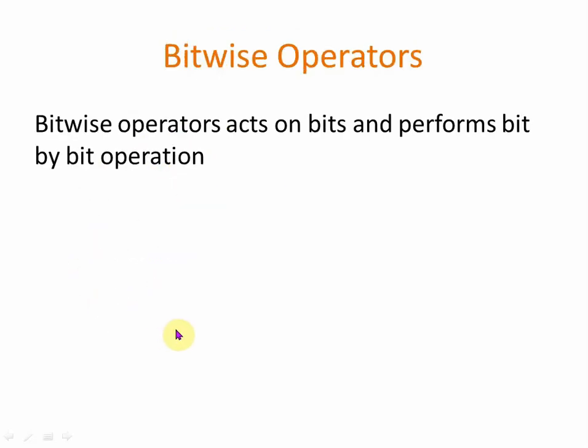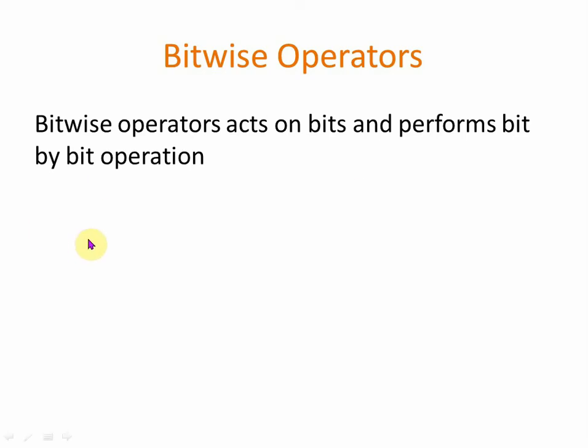Let's move forward. Now let's start with bitwise operators. Bitwise operators act on bits and perform bit by bit operations. You might be worried about what bits are. No need to worry. I have provided some YouTube links for understanding bitwise.